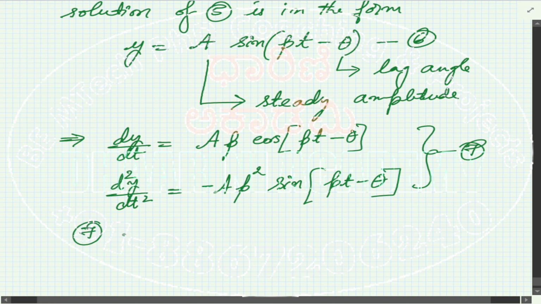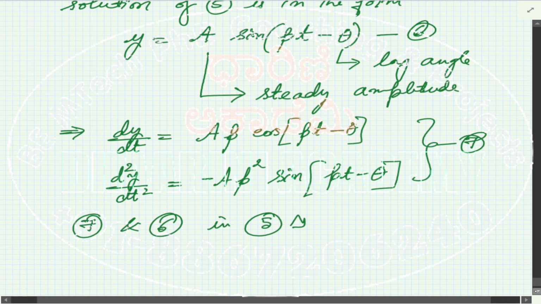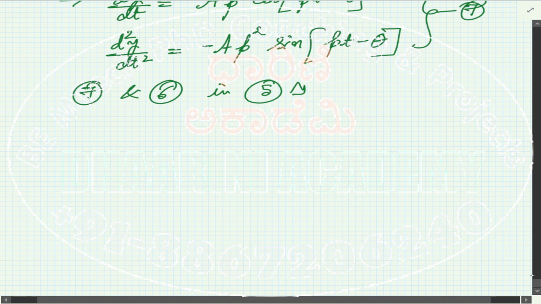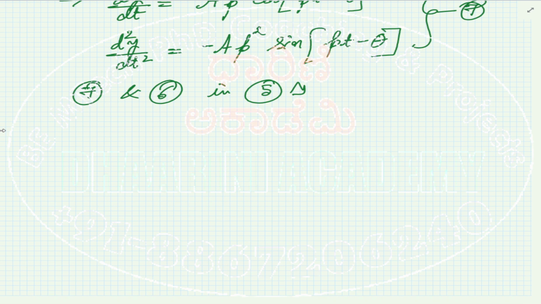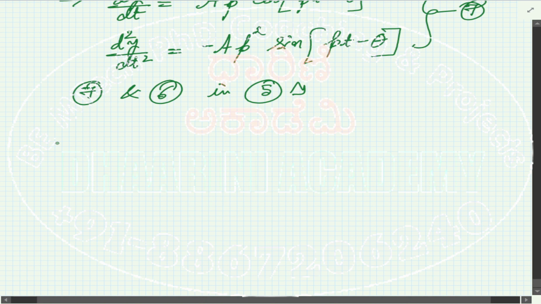So using 7 and 6 in equation number 5, I replace dy by dt, d square y by dt square and the y in equation number 5 by the equations we just got, 6 and 7. When you do so, we get this. There is a d square y by dt square, so this is minus a into, sorry, there is a p square.